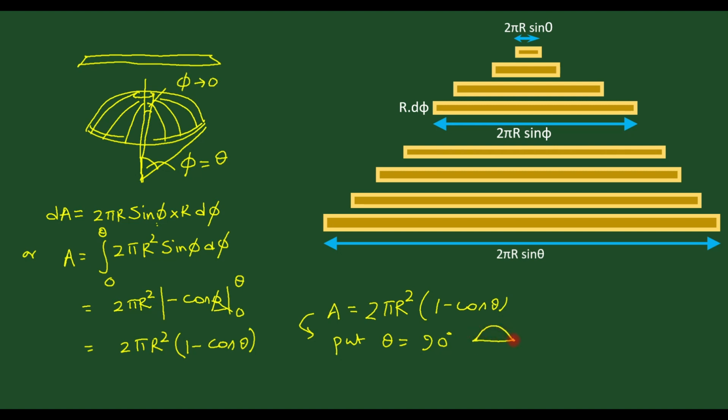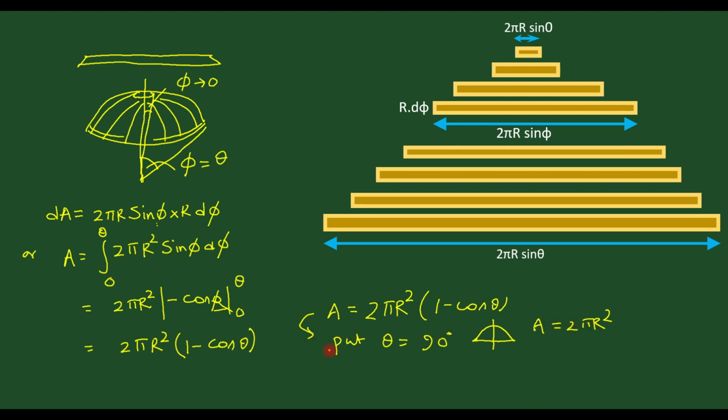Cos 90 is 0, and we'll get area equal to 2 pi r square. So the area of the curved surface of a hemisphere is 2 pi r square, which is known to us and which we have verified here.